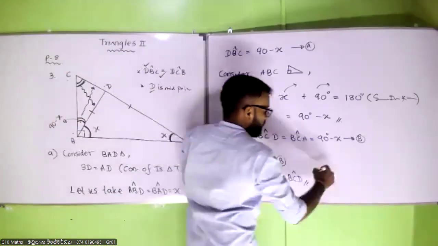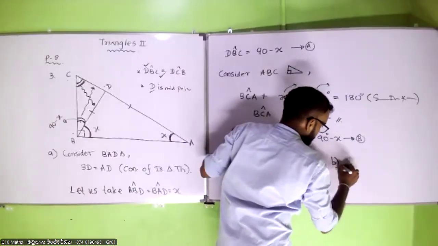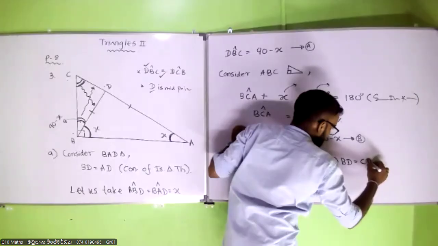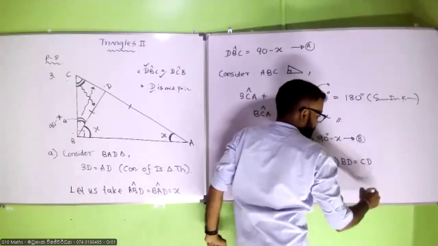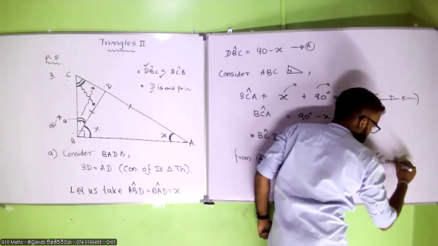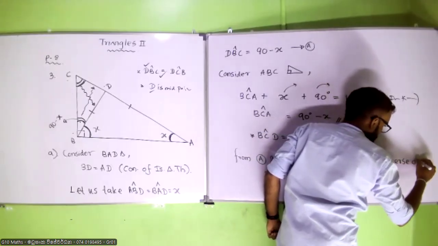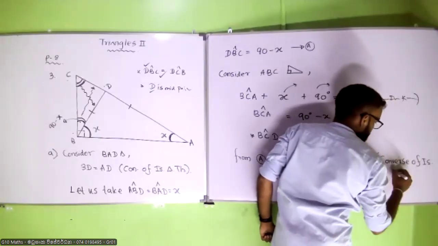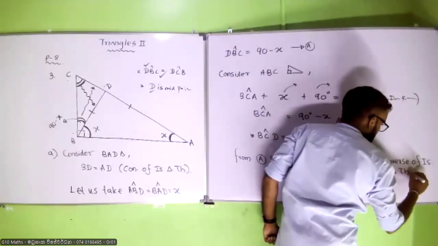So part B, directly you can write BD equals CD. What is the reason? Converse of isosceles triangle theorem.